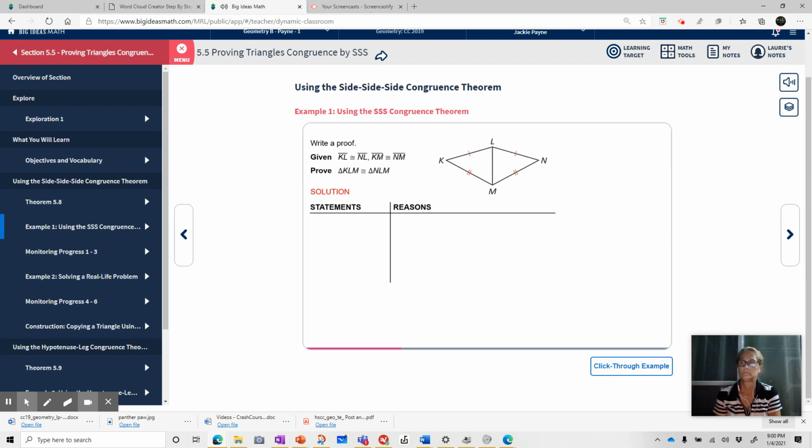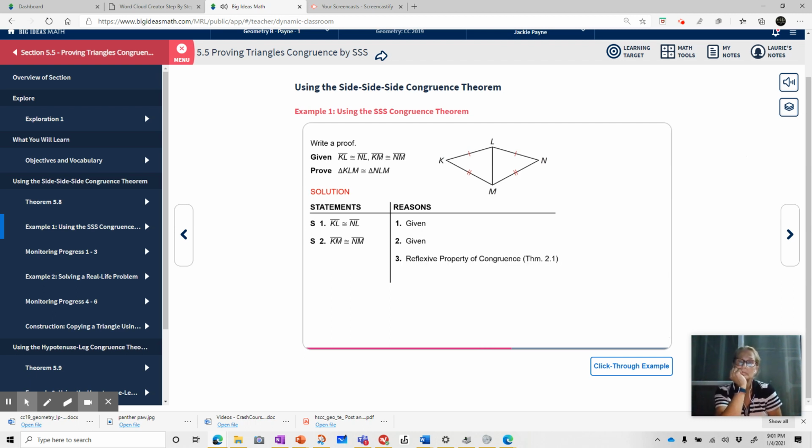Solution. Write a 2-column proof. You are given that segment KL is congruent to segment NL. This is one pair of congruent sides. You are also given that segment KM is congruent to segment NM. This is a second pair of congruent sides.